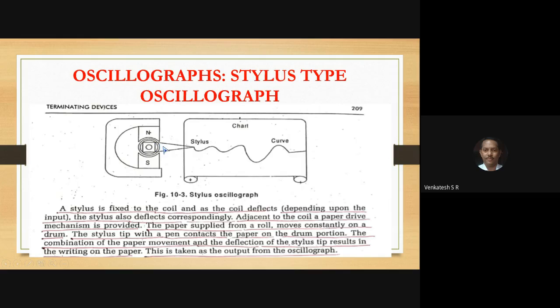The coil is connected to a stylus pointer. This stylus contains a pen or pencil or marker. And there is a paper which is running in the forward or backward direction, whichever is convenient, to get the waveform on the paper.